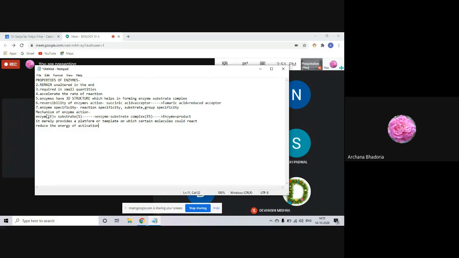So what has the enzyme done? It was passive, not participating in the reaction, it remains almost passive. But it has provided the platform or template on which those molecules could react.